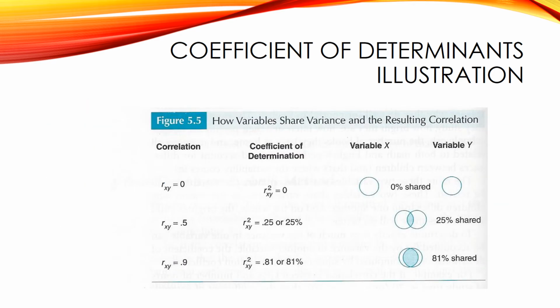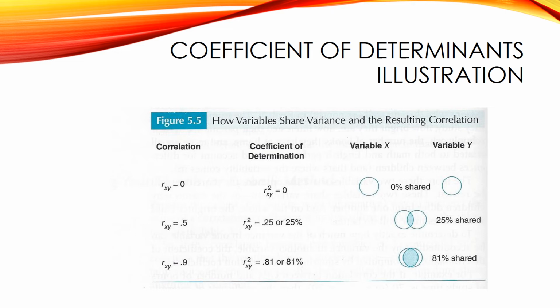So when you look at this, to help explain the previous slide, if you have an r squared that's 0, no variance, the variance from one variable can't be explained by the variance of another. An r squared of 0.25 with an r of 0.5 means 25% of the variance of one can be explained by the variance of the other, but 75% cannot be explained.